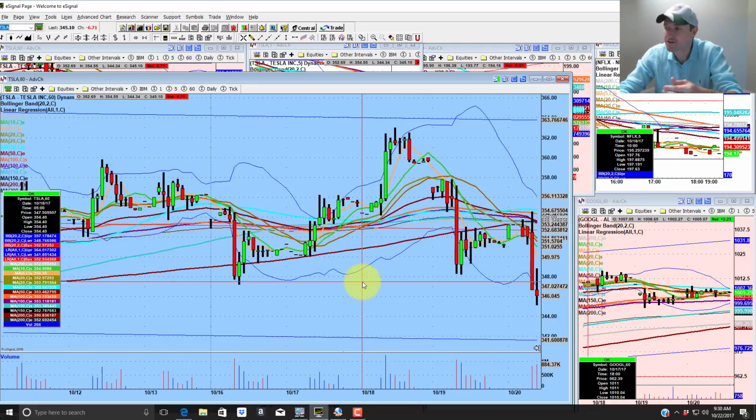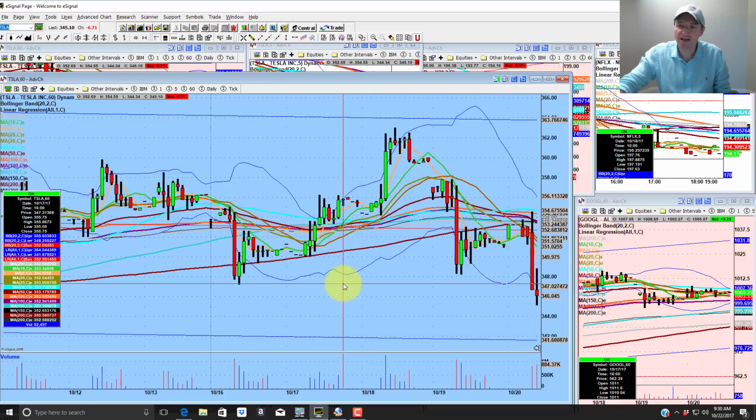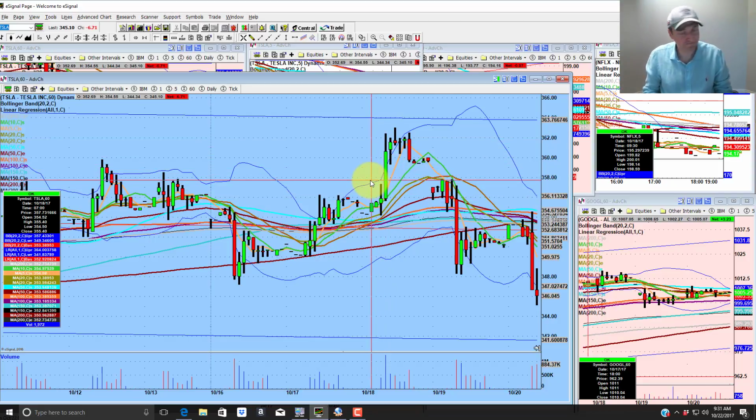It's a lot easier to visually figure out which way the stock is going, because every single one of these candles represents a beginning and an end, and all this in between is completely irrelevant to us.